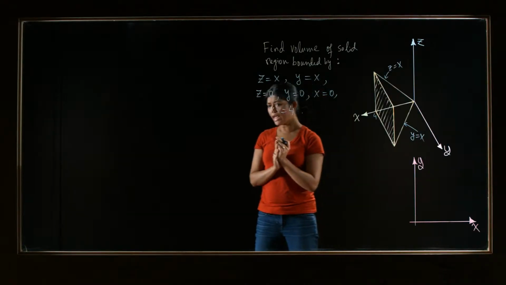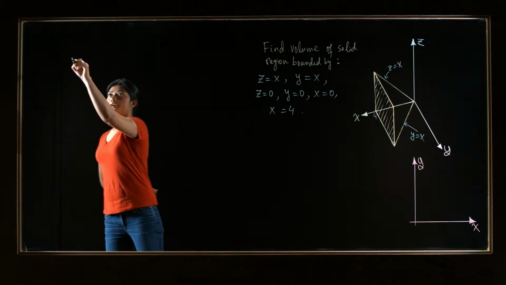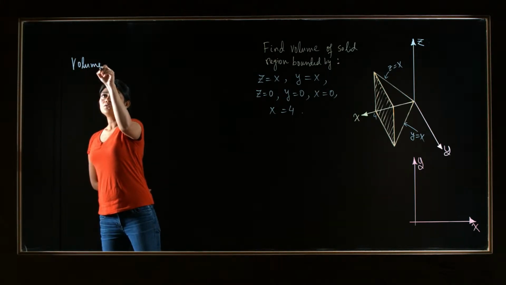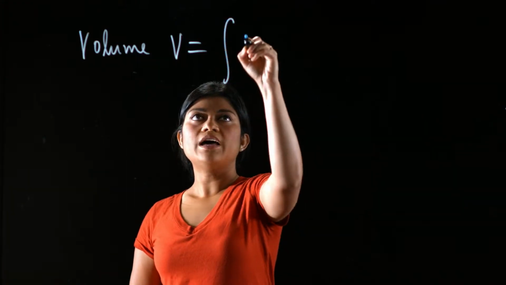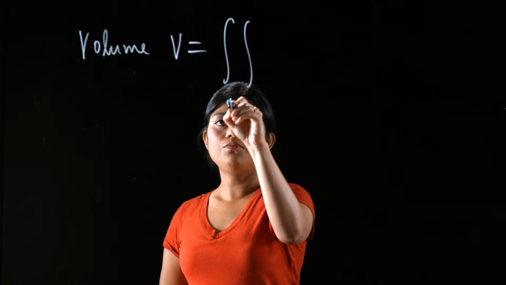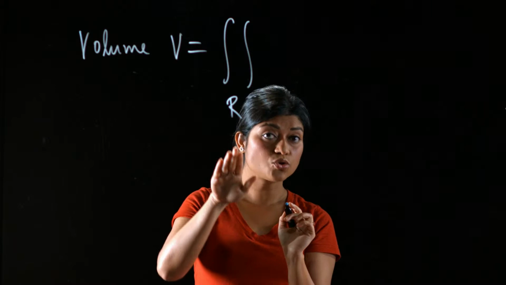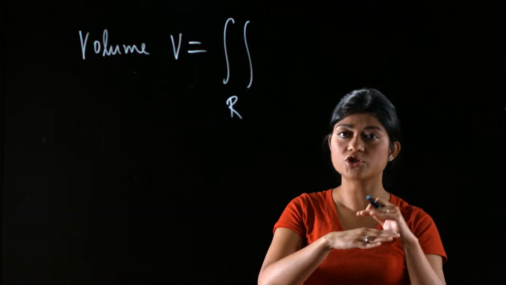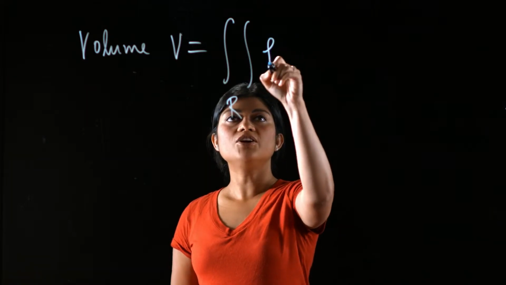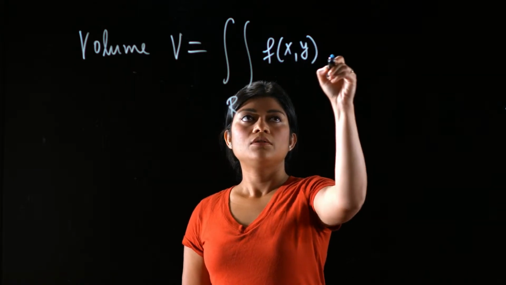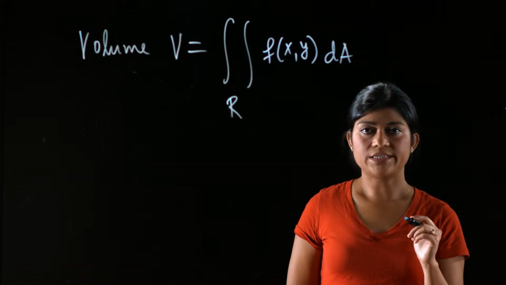Okay. Now, we have to compute the volume of that solid. So, remember how to compute volume using a double integral. So, we will have a double integral over region R, and what is R? That is the xy trace of the solid, wherever the solid is intersecting the xy plane. And then we have the function, and then the area of the rectangle inside the region, that's dA.